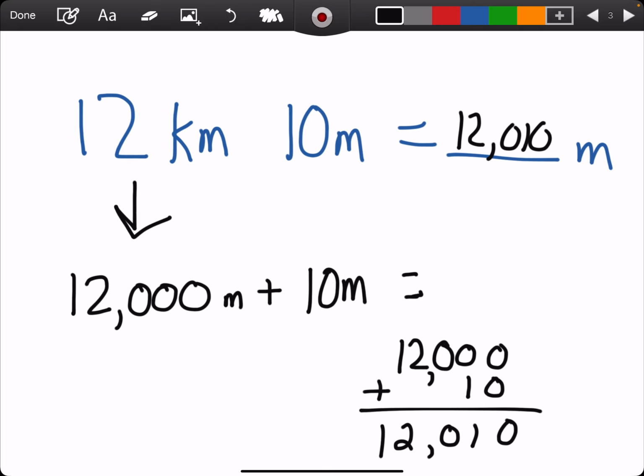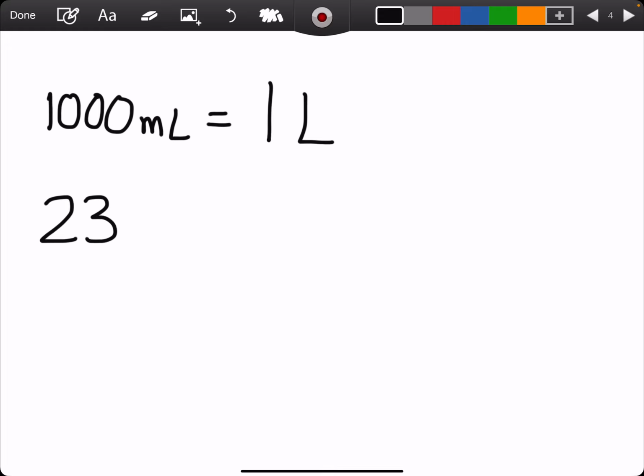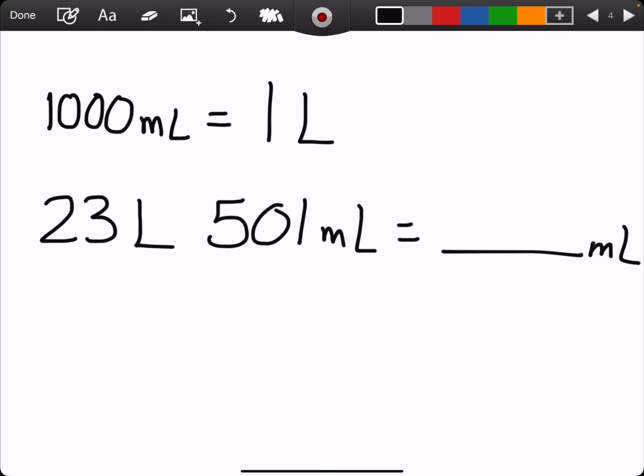Now, we did work in capacity. Capacity is liters, so we had milliliters and liters. Milli means 1,000. So we have 1,000 milliliters equals 1 liter. Now, if I had to say 23 liters and 501 milliliters, how many milliliters does that equal?